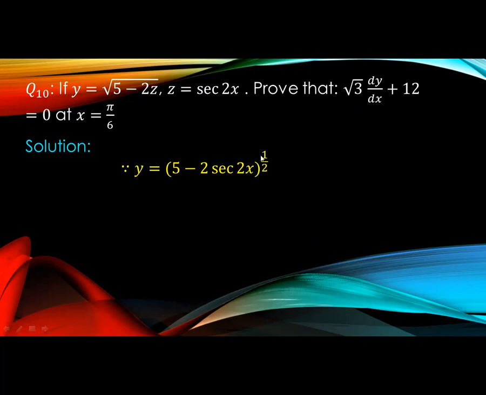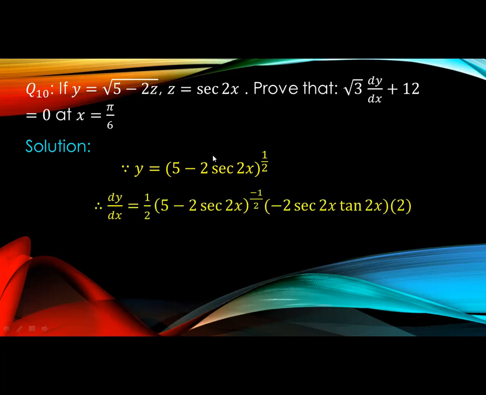This function is raised to the power half, so for its first derivative we drop the power half, subtract 1 from the power, meaning a half multiplied by (5 minus 2 sec 2x) all to the power negative half, multiplied by the derivative of sec, which is negative 2 sec 2x tan 2x, multiplied by 2.